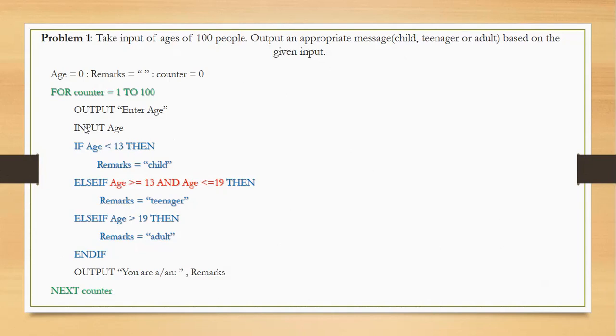We have taken input of age, and then made a decision based on that input, whether the age falls in the bracket of child, teenager, or adult. Is this clear, yes or no? Because then I'll be asking you another question.